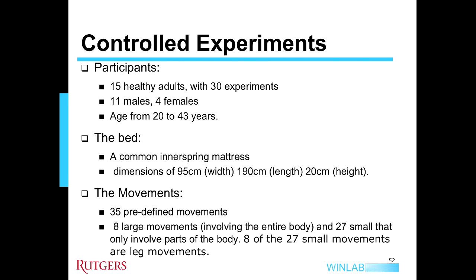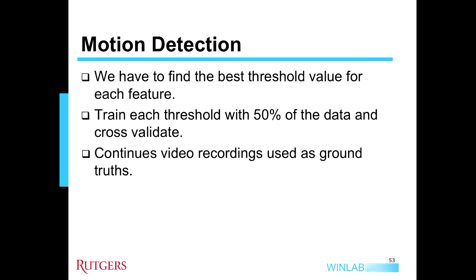We did 30 experiments, using a twin size mattress, the same exact movements we ask people to make, and we have large and small, the same. We cross-validated: we took 50% of the data randomly for testing and 50% for training, and we repeated that 500 times. We used the video camera as a recording for ground truth.